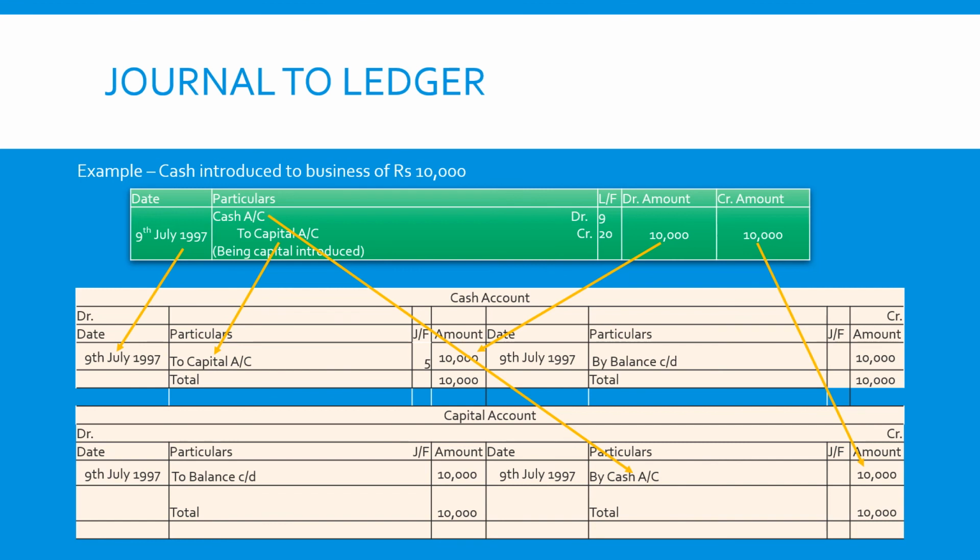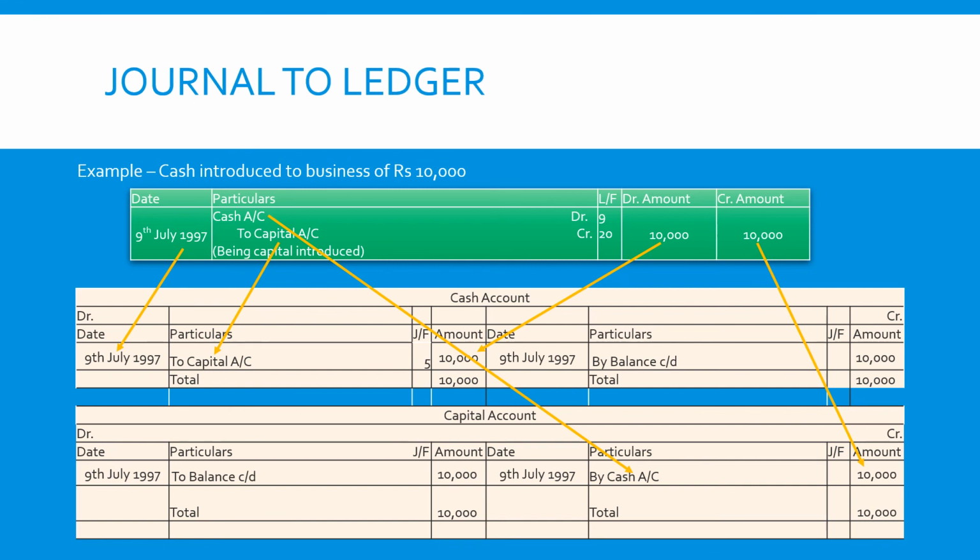In my cash ledger, the opposite account was capital, so I wrote to capital. But in the capital account, the opposite account is the cash account. Capital account was credited, so I write it on the credit side. As per the rule, on the debit side I write to, and on my credit side I write by.